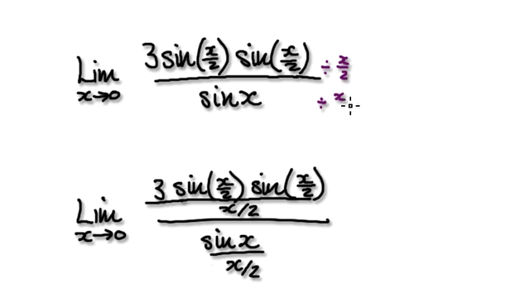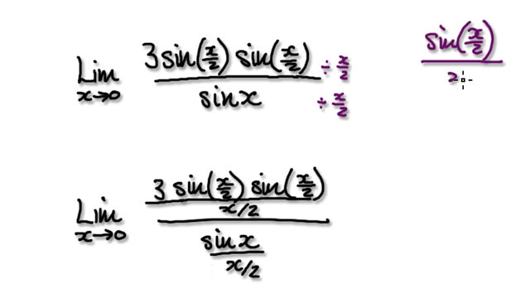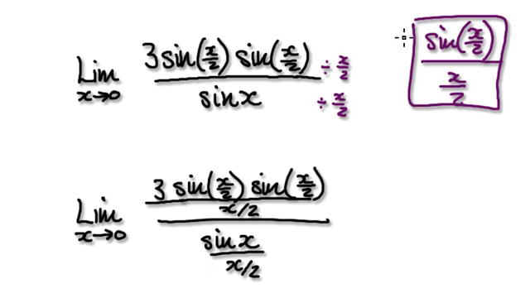This is just a trick, because we want it in the form of sine x over 2 divided by x over 2, so that this will tidy itself up and become a 1.